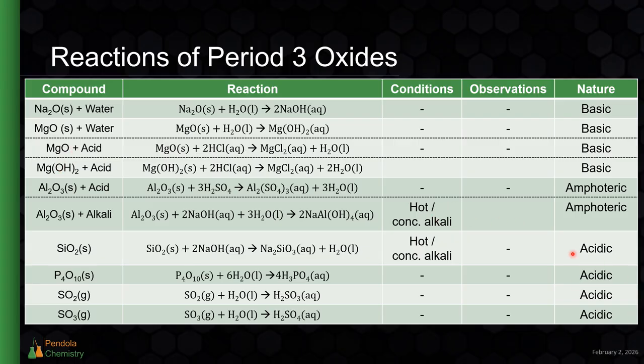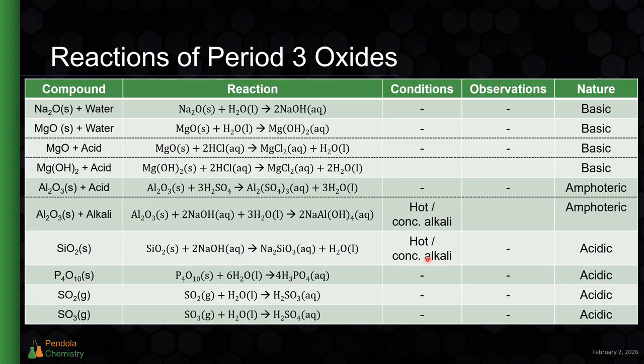A compound can be acidic because it reacts with a basic compound, like silicon dioxide reacts with sodium hydroxide, or it can be acidic because it creates an acid in the reaction with water, like the P4O10, sulfur dioxide, and sulfur trioxide. And then for amphoteric compounds, which the only one here is aluminum oxide, it's amphoteric because it can react with both acids or alkali bases.